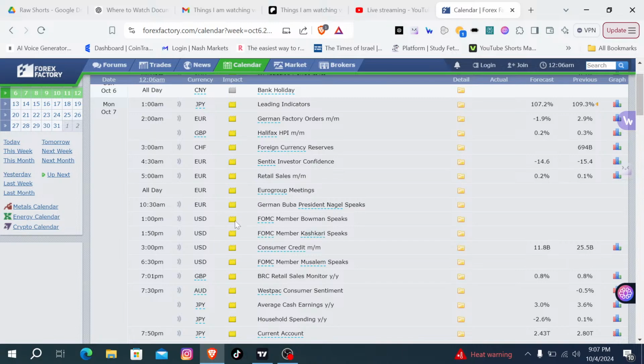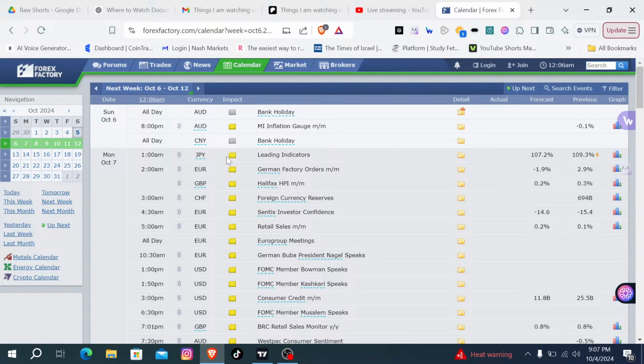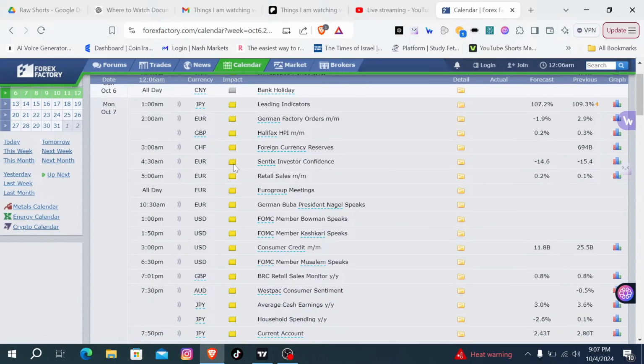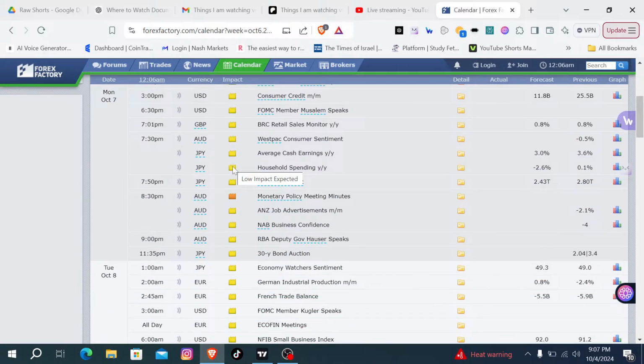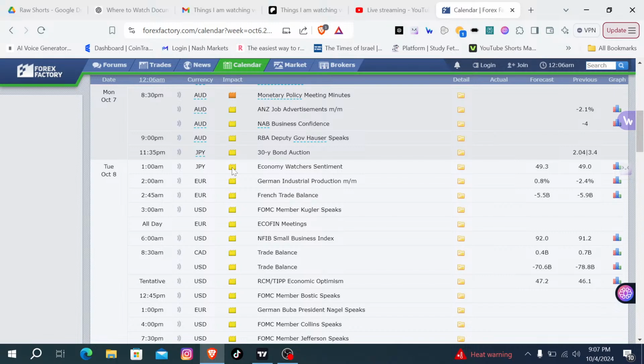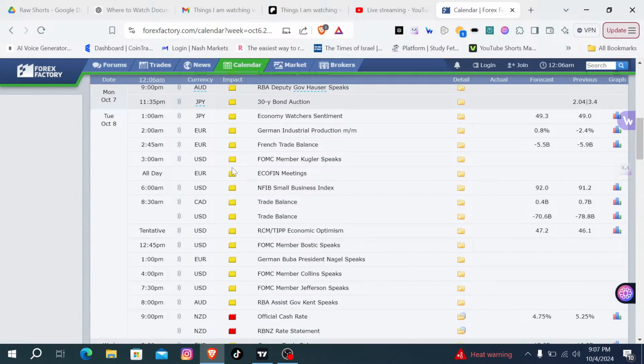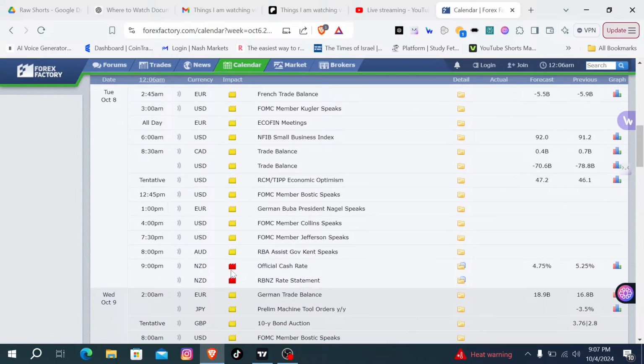Just Fed members, but these folders are weak. They're not even orange. It's probably gonna affect it a little bit, but not really nothing, unless we got some earnings. Tuesday, just nothing. Again, just some Fed members, so that's probably gonna move the market.